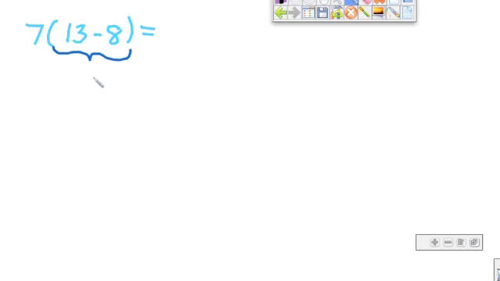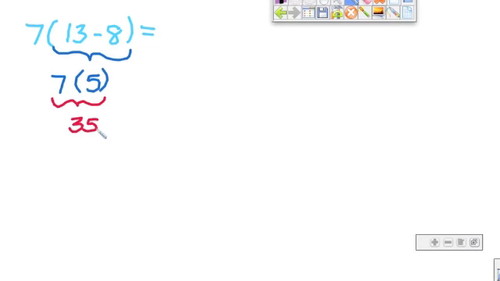Well, 13 take away 8 is going to give us 5. Now we still have parentheses, but there's not anything we can do inside the parentheses. So at this point, it becomes a multiplication problem. I said 7 times, and we're trying to think, what am I going to multiply? Well, now I know I'm going to multiply these two together, and I'm going to get the answer of 35.